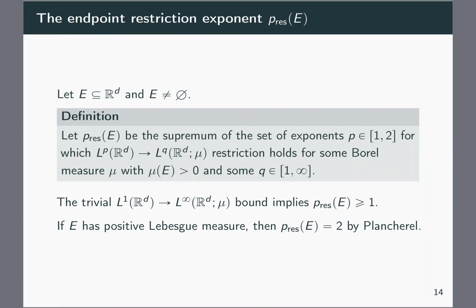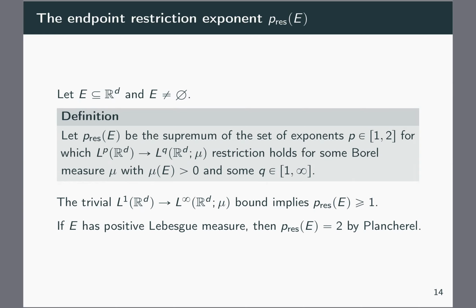It also makes sense for a given set to ask what is the best possible restriction exponent that you can get for measures supported in the set. And that's what I will call the endpoint restriction exponent, p_res of E. It's defined as the supremum of the set of all exponents p between 1 and 2, for which L^p to L^q(mu) restriction holds for some Borel measure mu with mu(E) larger than 0, and some exponent q between 1 and infinity.